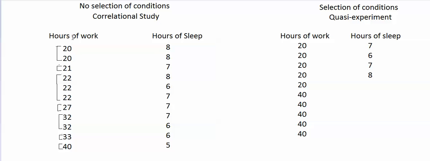You just record X and you record Y, and your data ends up being whatever it is. In a quasi-experiment, you do select specific conditions to compare.